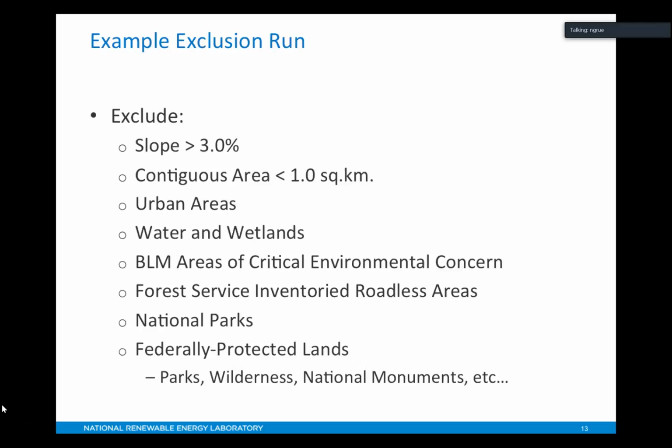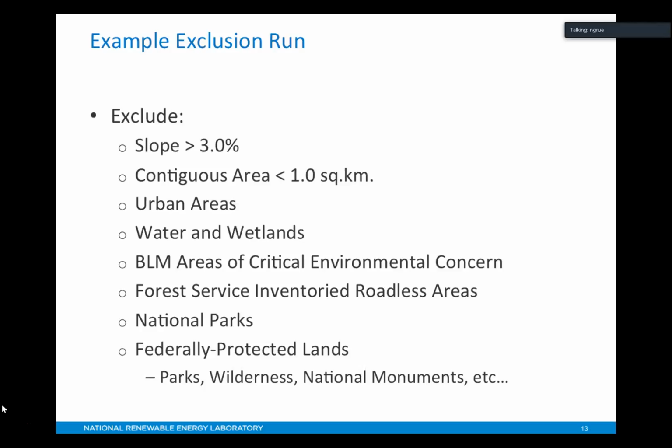If you think about removing areas of land from the possibility of development, there might be small little pieces of land that are still available, but maybe they're only half a square kilometer. If you're talking about building a large solar panel array, you're not going to be able to fit all of that in a small piece of land.